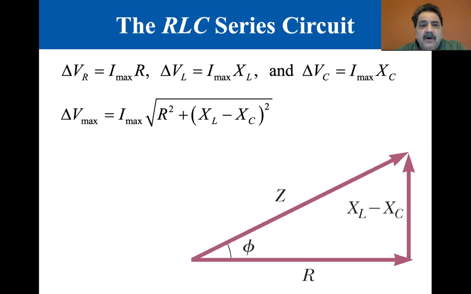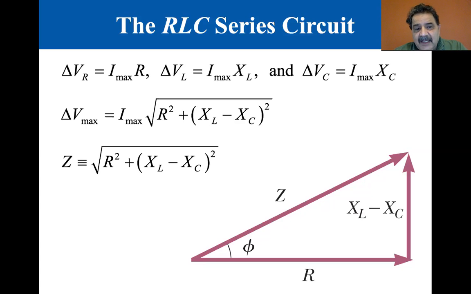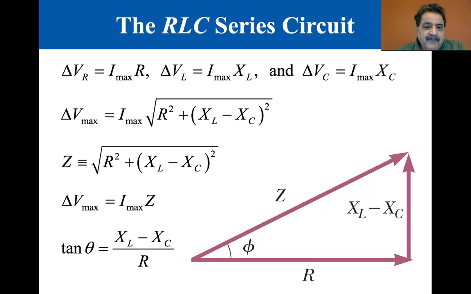Now that's what we call the impedance. The impedance Z is defined as the square root of R squared plus the quantity X sub L minus X sub C squared. And delta V max is equal to I max times Z, the impedance. Now the tangent of theta is equal to X sub L minus X sub C over R.